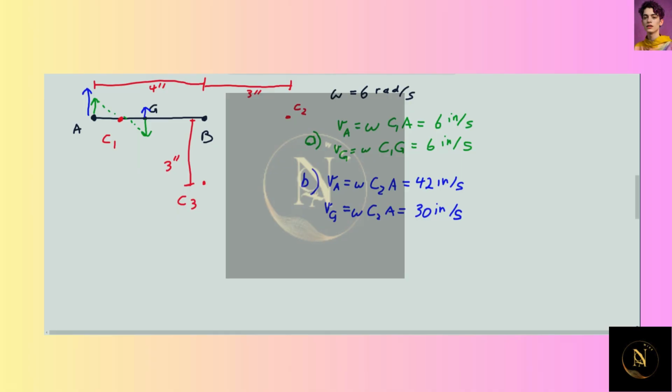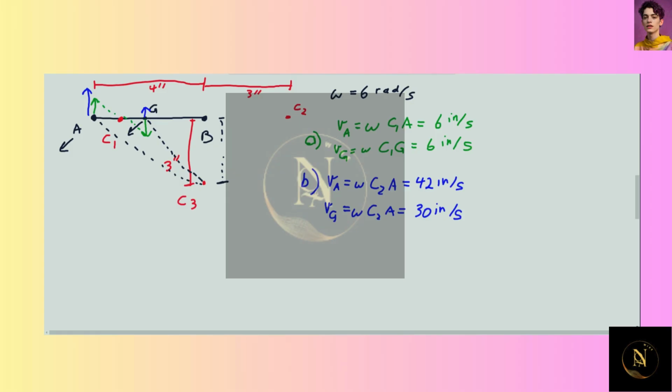If we're rotating about point C3, then we'll have the velocities moving down this way. We'll just need to find what these lengths are. So lengths C3G and C3A.